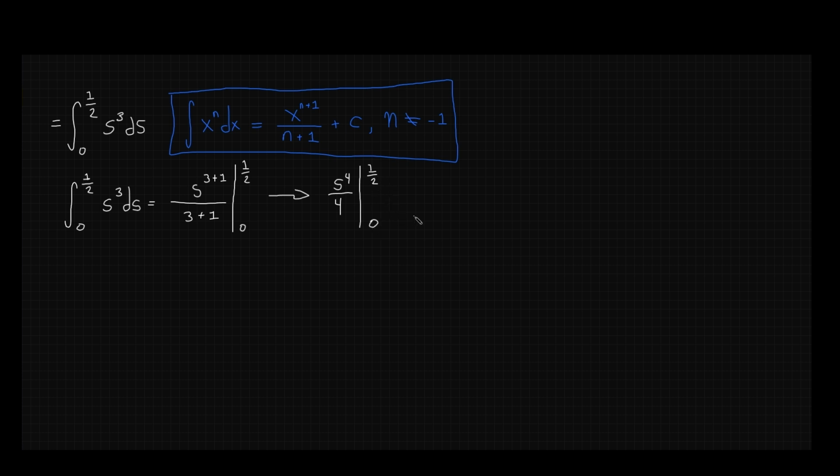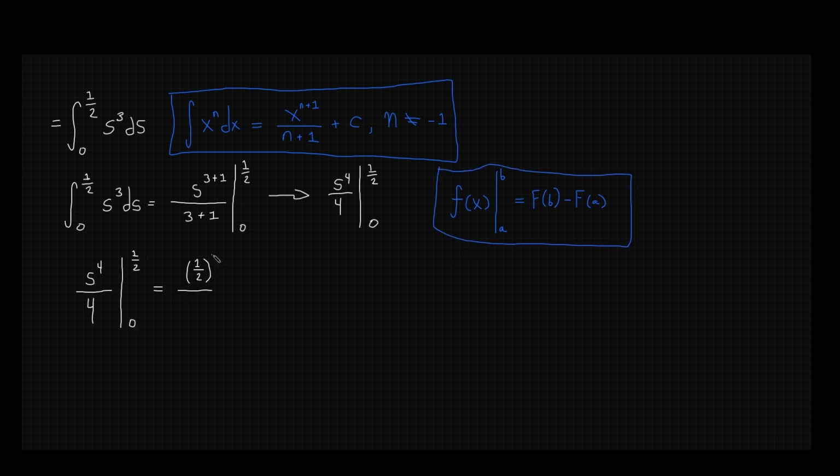To do this, we're going to apply the fundamental theorem of calculus. The fundamental theorem of calculus shows that a and b are being plugged into the function, right? So this is what it's going to look like for us. We can see that this makes sense, right? For b, we have 1/2, and then b gets applied to the function right here, okay? And then for a, we have 0, and a gets applied to the function right here.